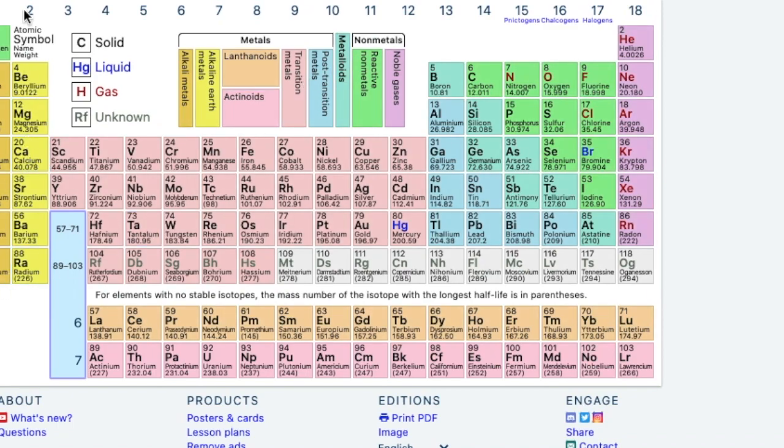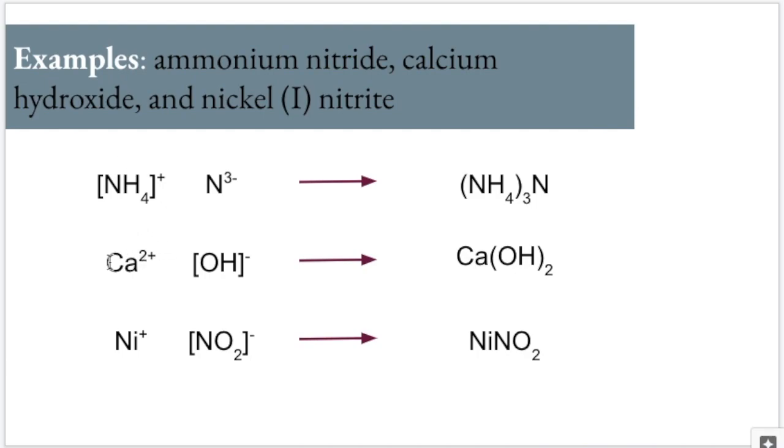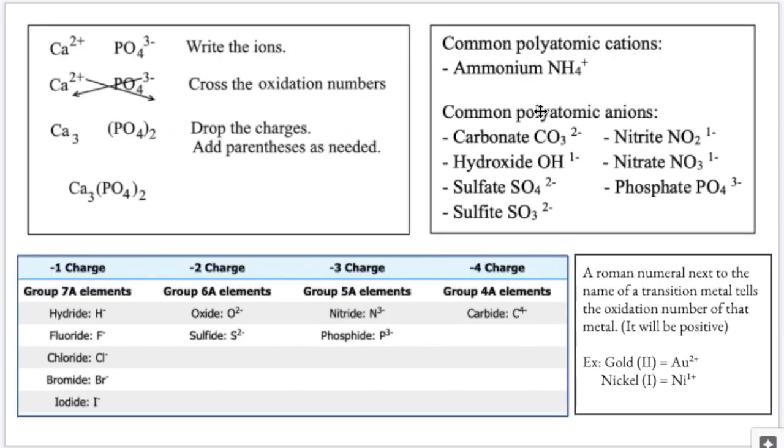It's in column 2A, so it has 2 valence electrons. So it's going to have an oxidation number of +2. And then hydroxide, here is hydroxide, and it has a -1 as its oxidation number.